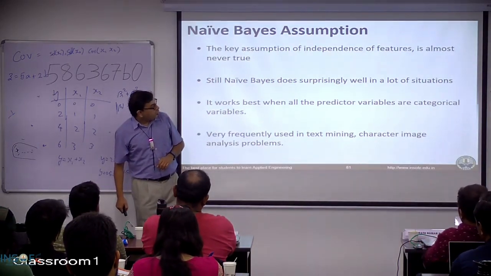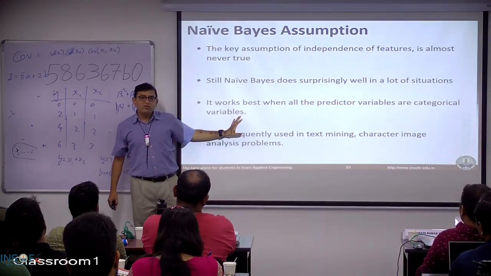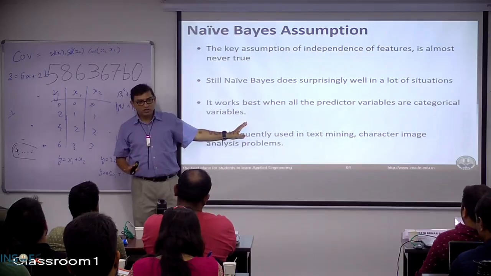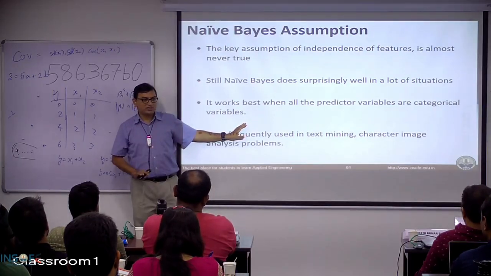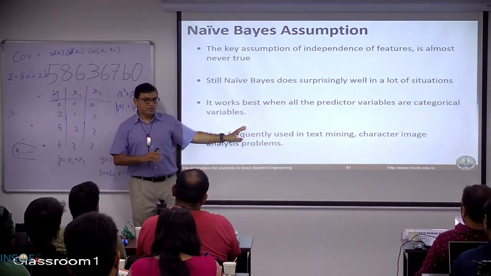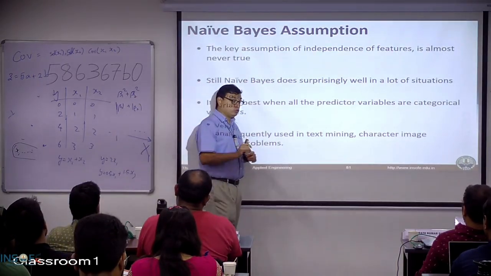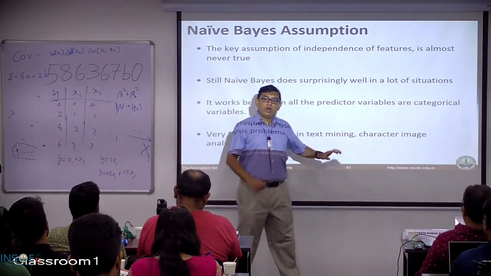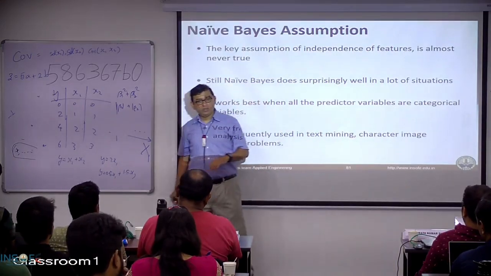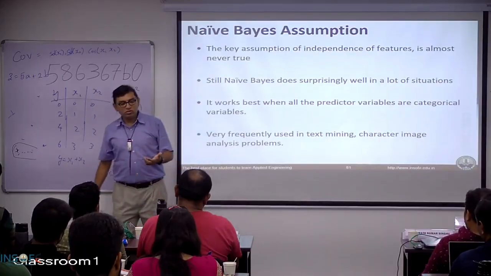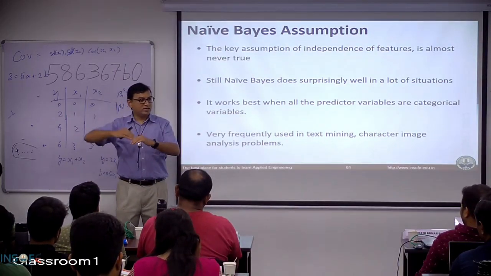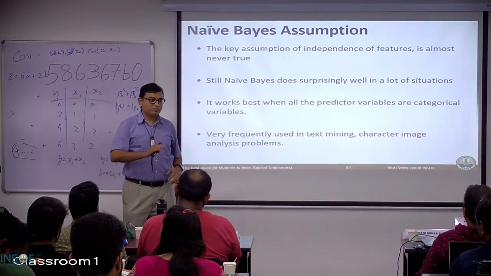It works well when all the features, the predictor variables, are categorical predictors. That is when it works the best. It can, however, also be used in the numerical case, but the algorithm itself was not designed for that. In the background, depending on the algorithm, it might bin the numerical values into different categories and then use the same approach.